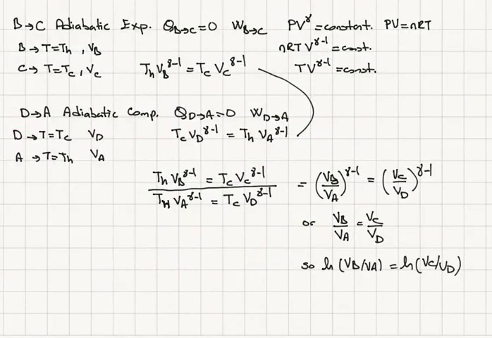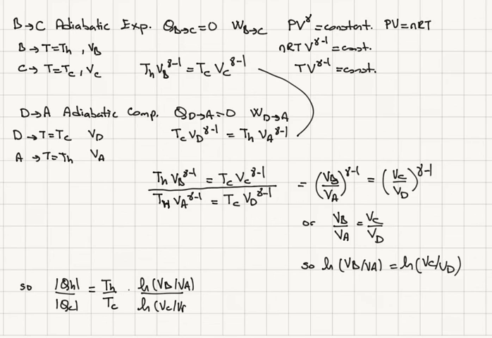Therefore, I find that the ratio QH over QC is Th over Tc times natural logarithm Vb over Va to natural logarithm Vc over Vd, and these cancel. So this is going to give me the ratio QH over QC to be equal to Th over Tc as expected.